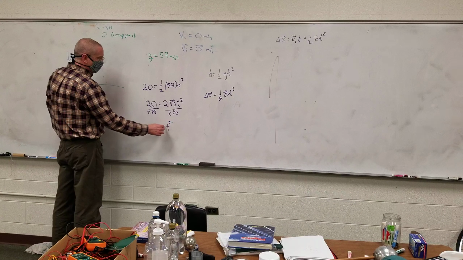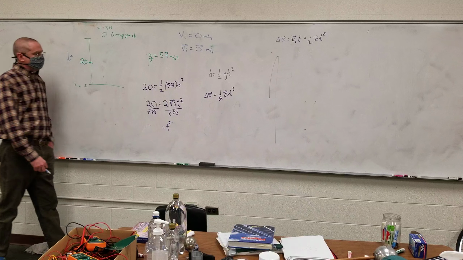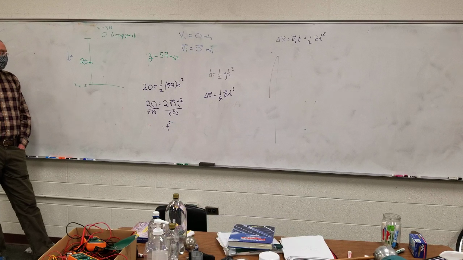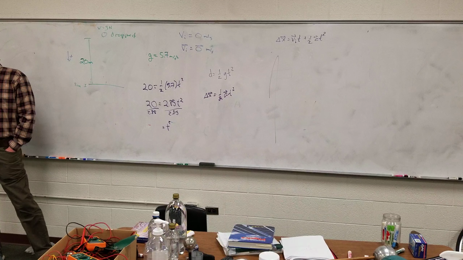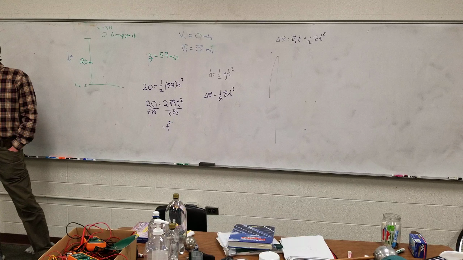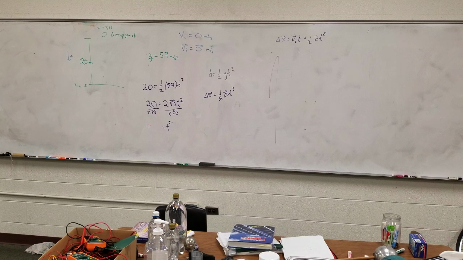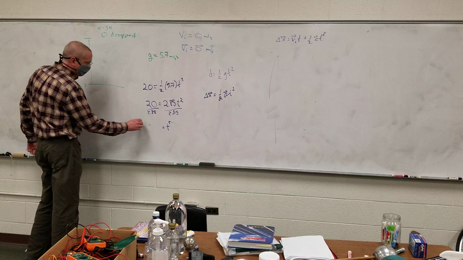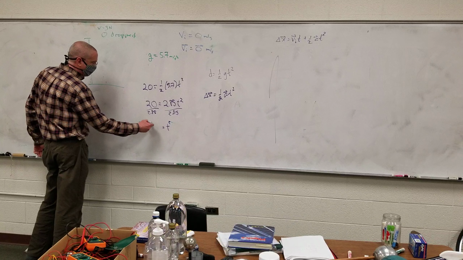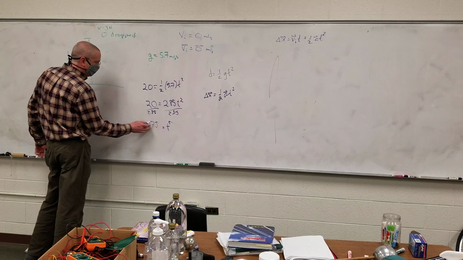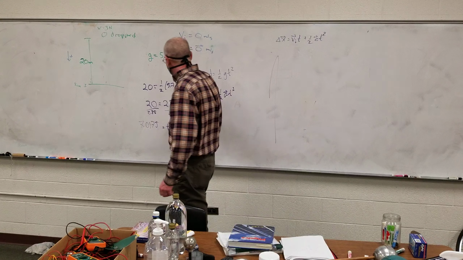So I'm left with time squared is equal to something, somewhere around 8. What is it? 7.0175. Okay. And we still need to solve for time.